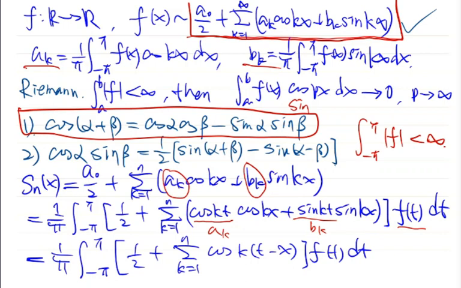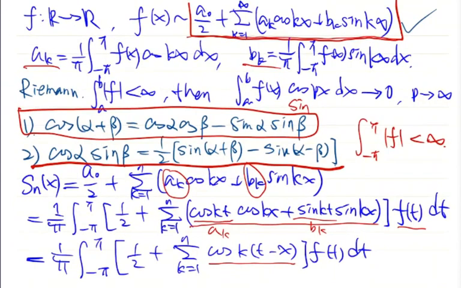Okay, just use formula 1 in this part. Every term here, you will obtain cosine k(t minus x). Then go to the next page. We need to compute the sum of cosine k theta, k from 1 to n. We compute this part separately.